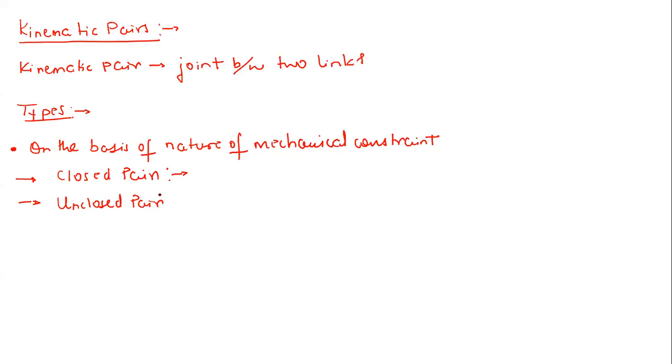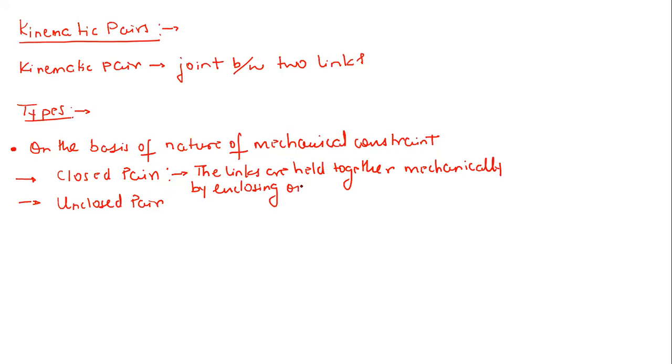A closed pair is basically referred to as a kinematic pair in which the links are held together mechanically, by enclosing one link into another.